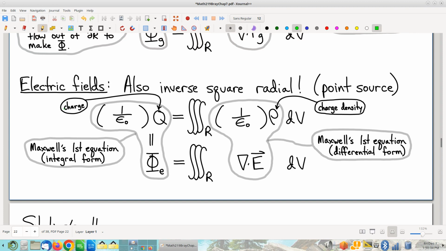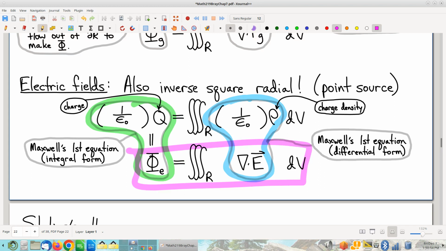It's just a metaphor for what we're observing with an inverse square radial field. So anyway, you make all the same arguments that we did over there, and what you find is that this empirical fact allows you to conclude this resulting fact. It's the divergence theorem that connects these two.